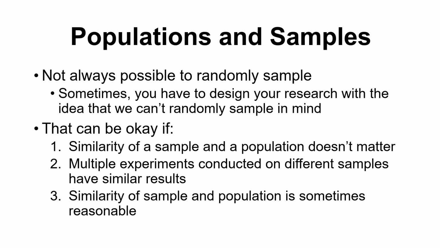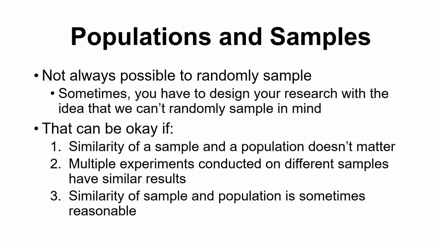Using a non-random sample can be okay in a couple of specific situations. The first is that you can get away with a non-random sample if the similarity of a sample and a population doesn't matter. So if you want to look at the structure of the brain overall, maybe you don't care about small changes or small details or different activity levels.